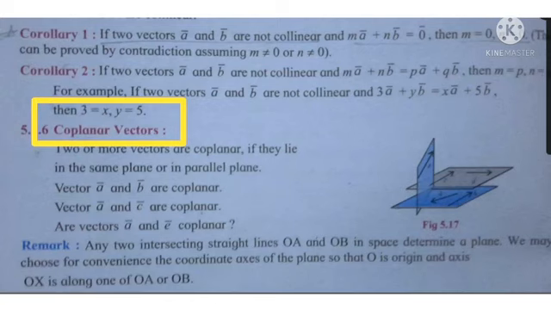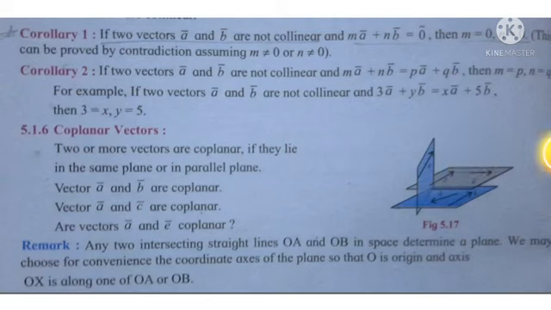When we say that vectors are coplanar, see here, these three planes are there. This is the first plane, this is the second, and this is the third plane. In the first plane there are two vectors a bar and b bar.